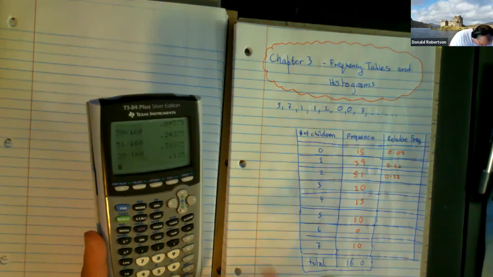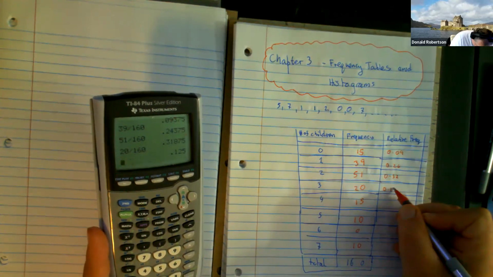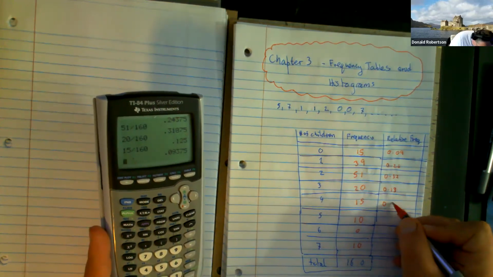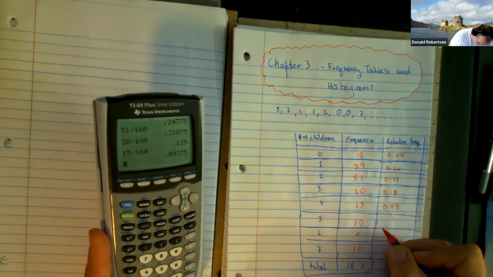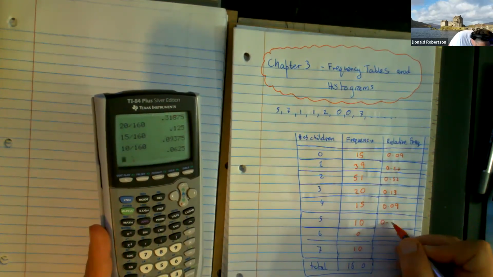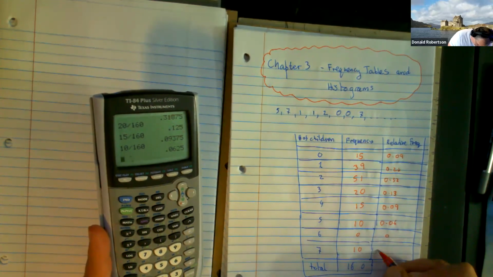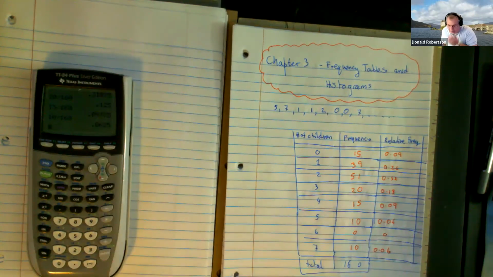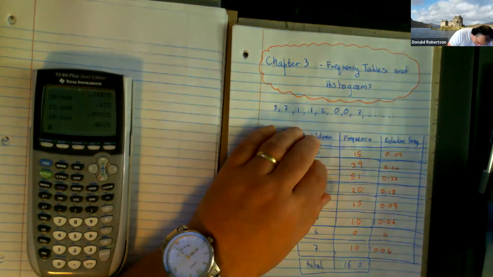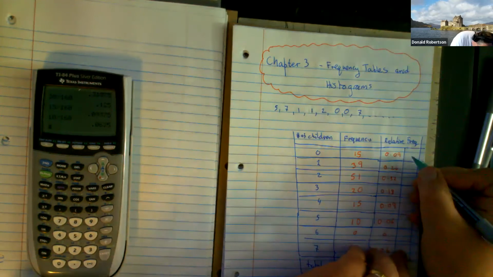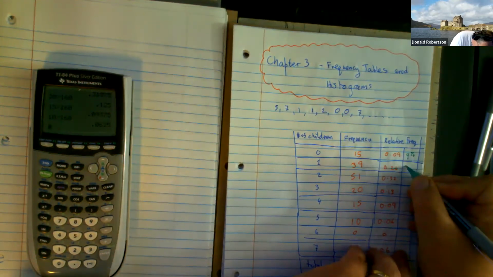And I'll go through each of them. The relative frequency is very often going to be a decimal. Less common, but it is sometimes done, the relative frequency might be given as a percentage.